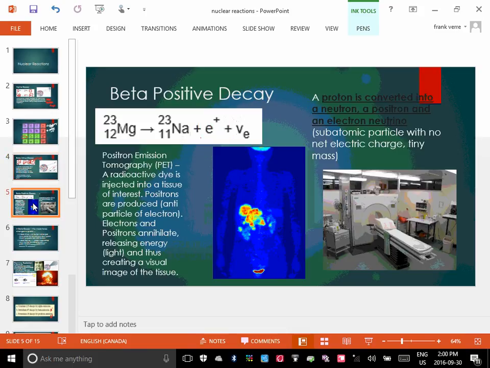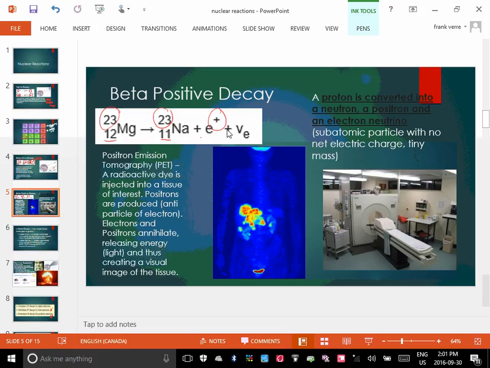In a beta positive decay, it's the opposite. If you take a look, the mass number is 23, so that's the same on both sides. But look at the nuclear charge. It's 12, and now it's 11 because we release something called a positron.